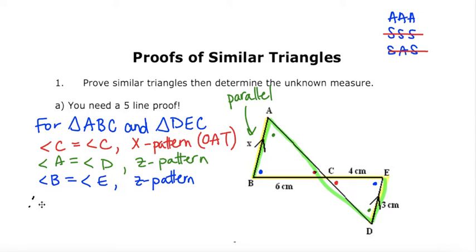So therefore, triangle ABC is similar to triangle DEC because of angle, angle, angle. Now because those triangles are similar, we can use what we know about the ratios of sides to find out this missing value for x.